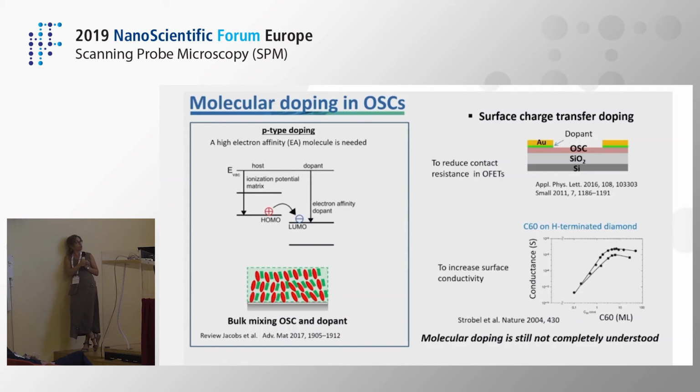And this has been used to reduce the contact resistance in organic field effect transistors, but also to increase the surface conductivity of single crystals. For example, here you can see the increase of conductance when one monolayer of C60 is deposited on top of hydrogen-terminated diamond, just due to the charge transfer of the C60 with the diamond surface.